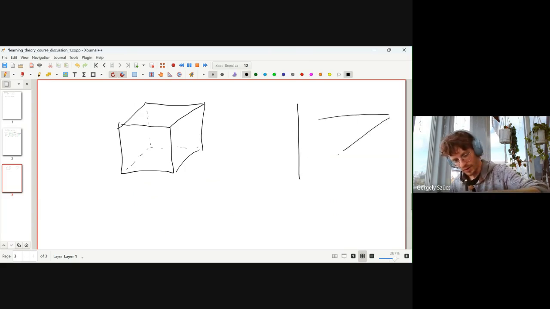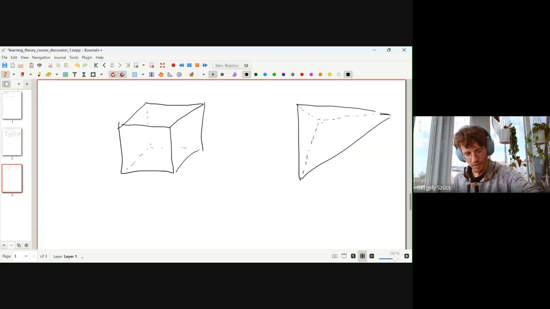Okay, so here's a tetrahedron. The thing I want to point out is that this map itself is not a linear map.